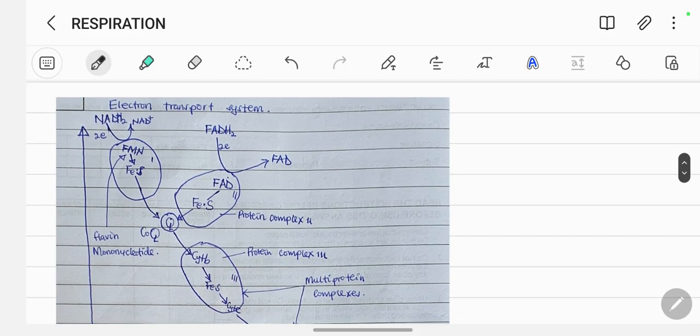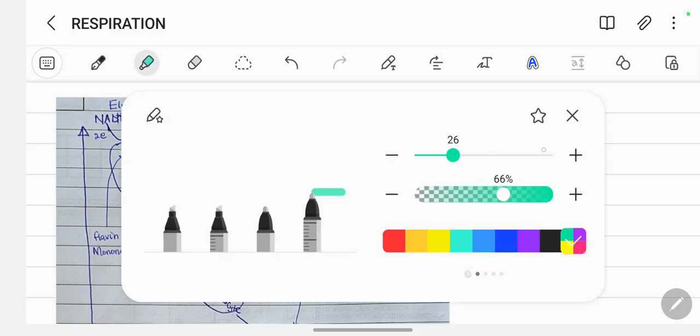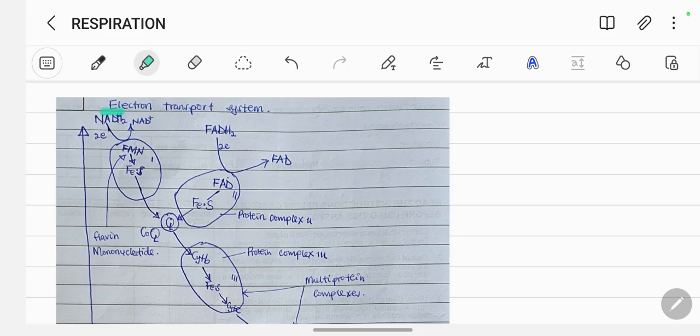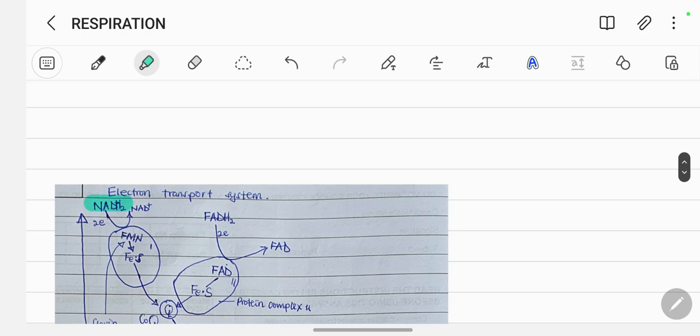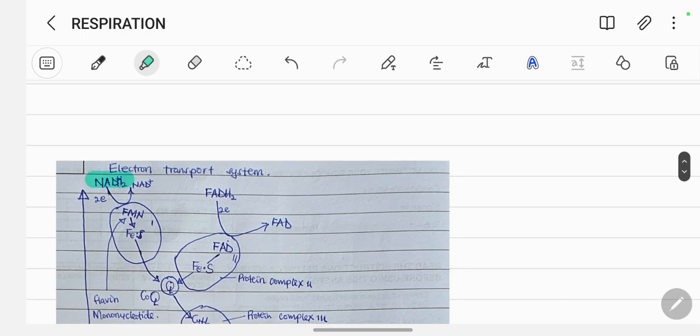After the formation of NAD within the Krebs cycle, this NAD moves straight to the electron transport system. Within this system, what we have to know first is the location.